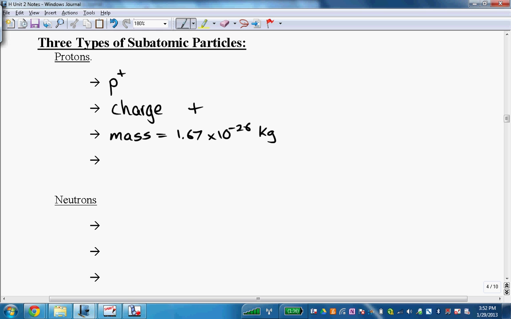So that's like a 0.000, 26 zeros. So it's a very tiny amount. So we actually just define that as a new unit called an atomic mass unit. So we say a proton weighs 1 AMU, or atomic mass unit. And it's located in the nucleus.